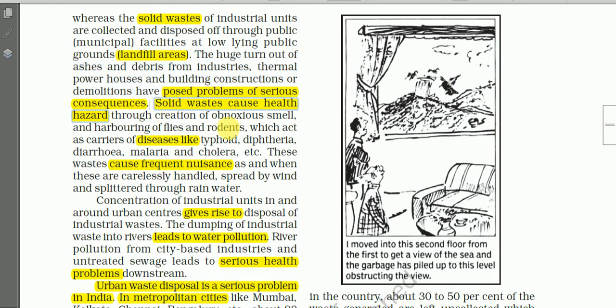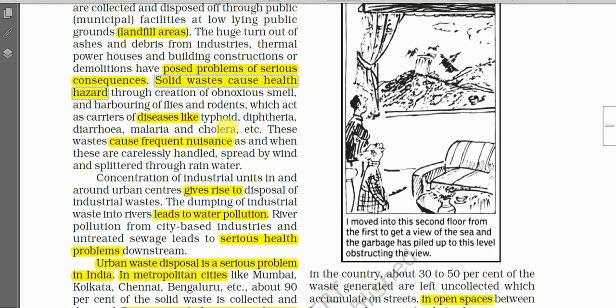Solid wastes cause health hazards. These are the effects of the disposal of solid waste.